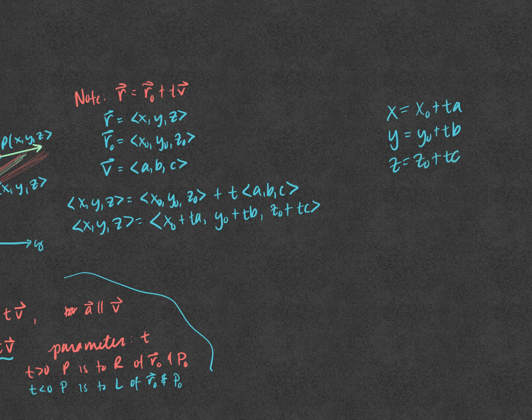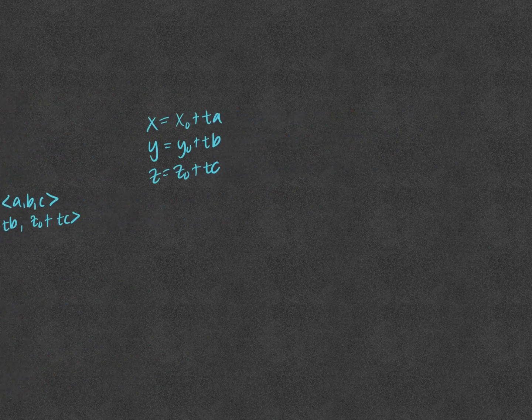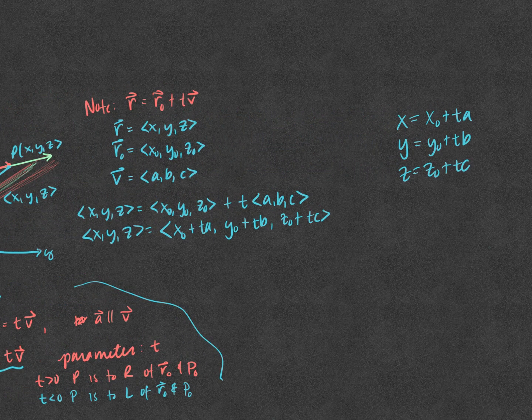So these are your parametric equations that you're going to use. So let's make a note here. It has stuff above it, so we're going to keep this here. Do you see how these component-wise go together before I move on? This equals this, the second component equals the second component, and the third component equals the third component.